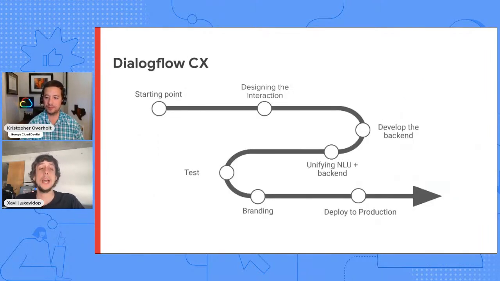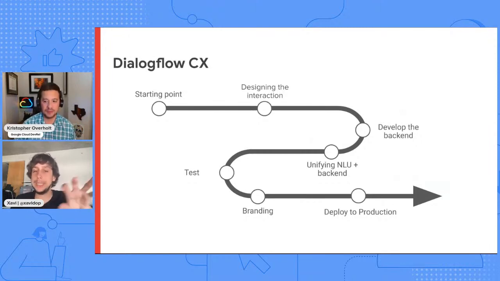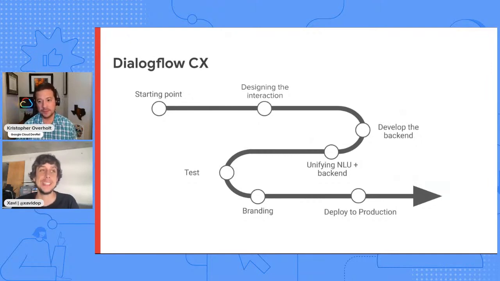So this is the flow that I usually follow to build conversational AI apps. You can take it for Dialogflow CX, but you can take it for any conversational AI app that you want to build. First is the starting point. That means the idea, and whether the idea makes sense to build in a conversational AI way.